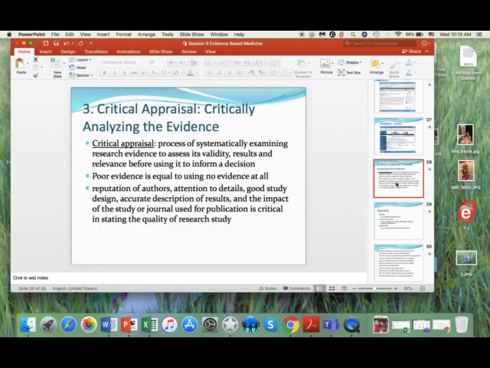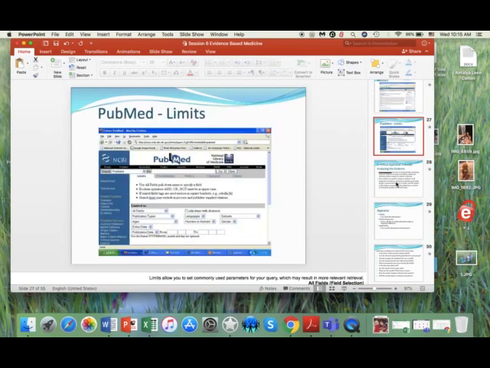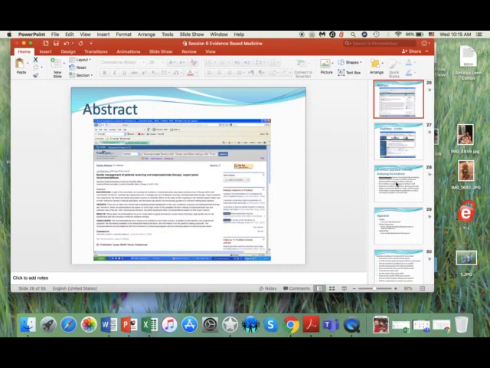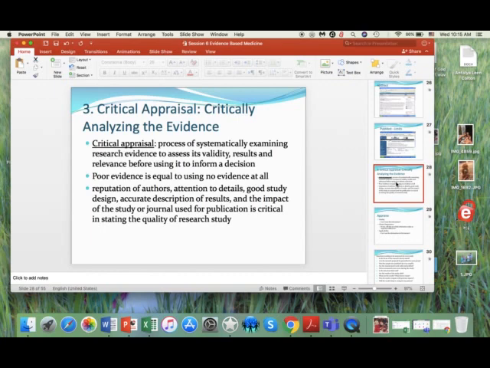So after we get the evidence, so we've gone to an abstract and read an article, we want to appraise that evidence, or evaluate it or analyze it. The definition for critical appraisal would be systematically examining the research evidence to assess its validity, its results and its relevance for us, in our case, before we actually put it into place.